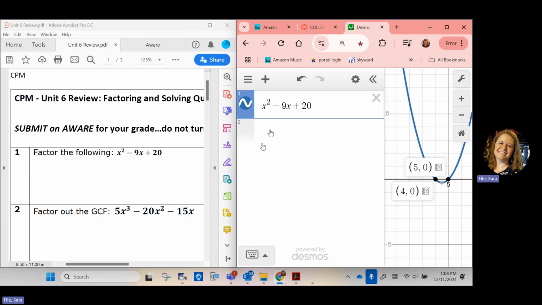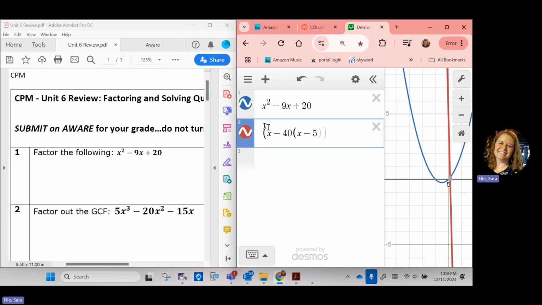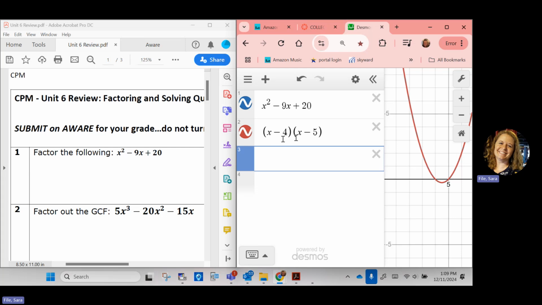So that means it would be x minus 4 and x minus 5. It's the opposite sign that you see in the solution. So x minus 4 and x minus 5.